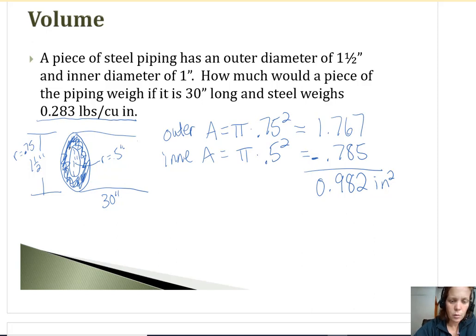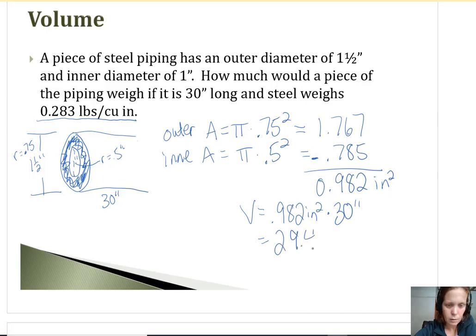So now if I take that 0.982 inches squared, the area of the front of that, and multiply by the length, or the height if we turned it 90 degrees, it's 29.448 inches cubed.